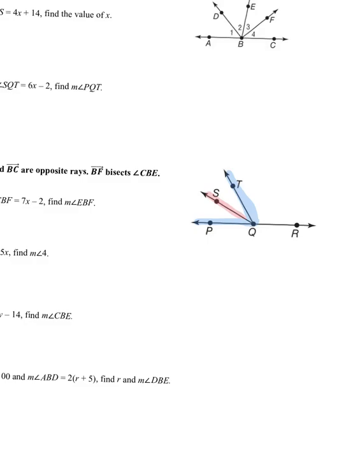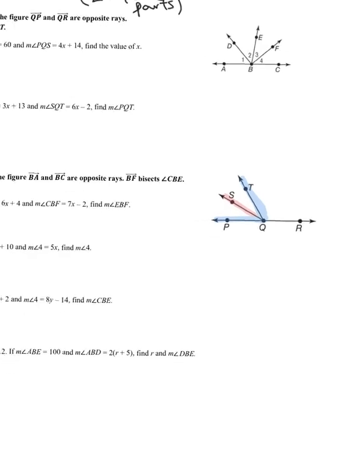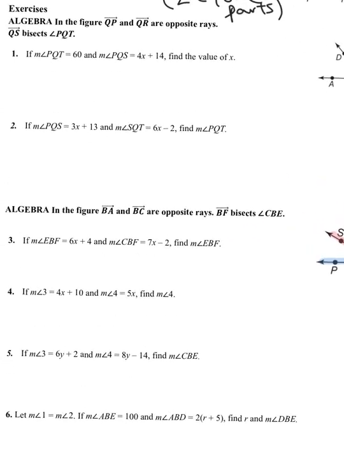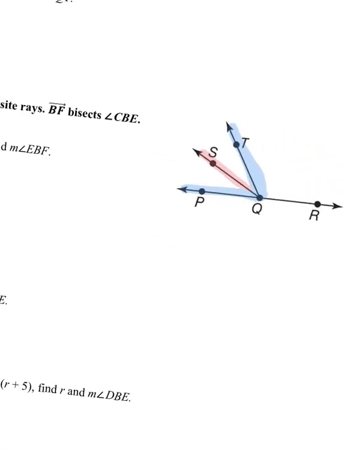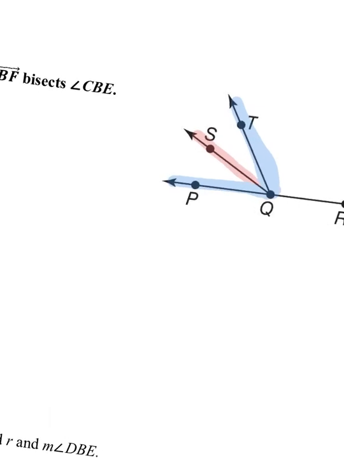So number 1 says, if the measure of angle PQT is equal to 60 and PQS is equal to 4x plus 14, find the value of x. Okay? So I have these two angles. And it says PQT is equal to 60.